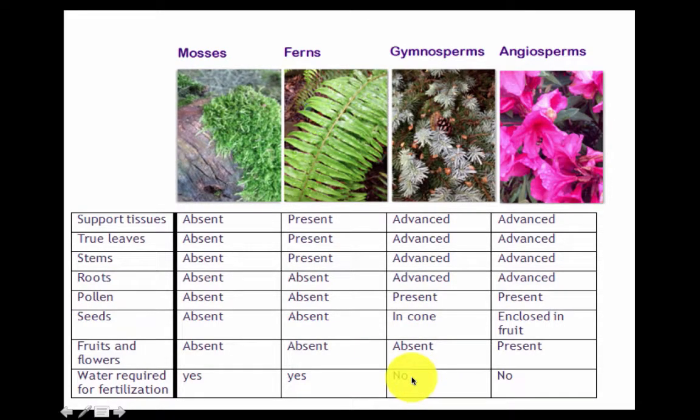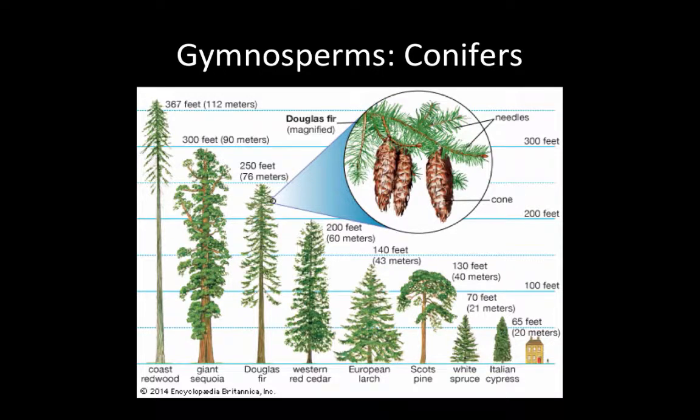So something incredible happened here, that now you actually have a seed. The evolution of the seed happened right here with gymnosperms. You can see that neither ferns nor mosses have seeds. So it happened here, but there's no fruits. So fruits are absent. And I'll show you a picture in a little bit. So gymnosperms. When I was talking about all those supporting tissues, those plants can get really, really tall.